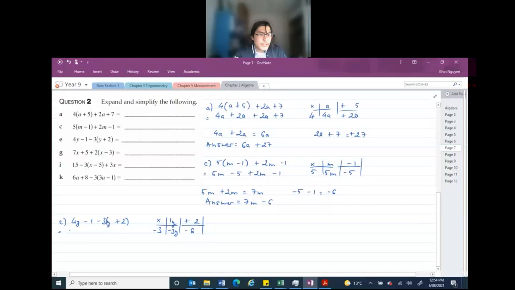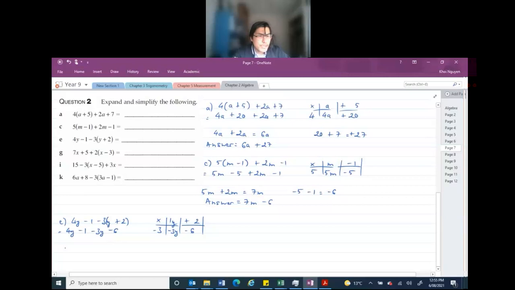So if I rewrite this, it's going to be 4y minus 1 minus 3y minus 6. You can see here that I have written everything in order, just as the question shows, except that I have removed the brackets.